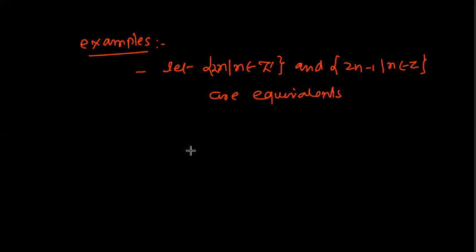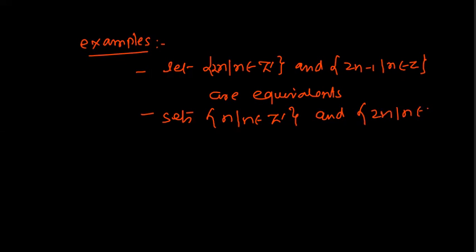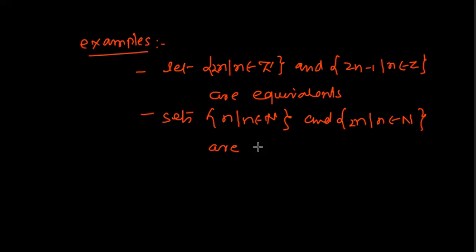Let us take the set of natural numbers, and the set {2n : n belongs to N}. These are the even natural numbers, and these are the natural numbers. These sets are also equivalent.